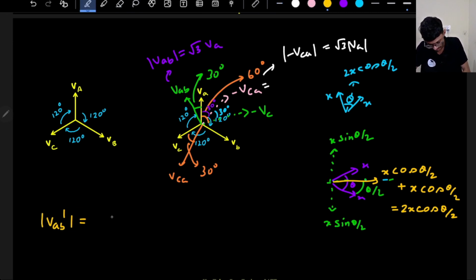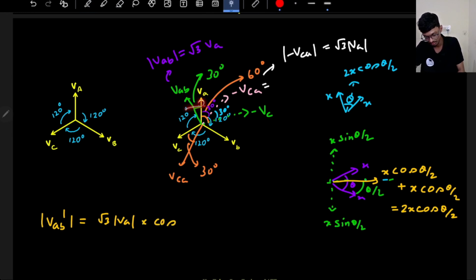So what I can say is, this will be basically root 3 into magnitude of VA into cos of 30, the other component is getting cancelled out. So cos of 30 into 2. Why? Because there are two components. One is this minus VCA, the other one is this plus VAB.